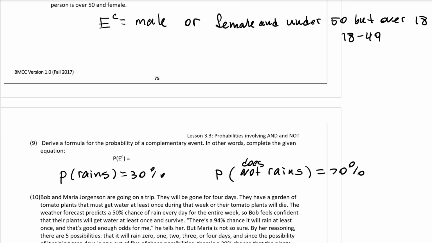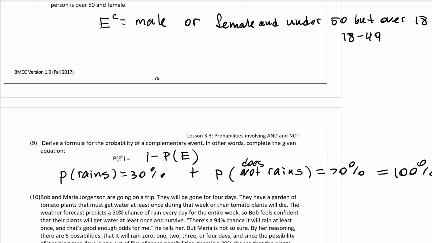So it's 30 versus 70. So probabilities together have to add up to 100%. Do you agree? So if something happens, the probability that it does not happen would be the other percentage. So the probability of the complement is defined as 1 minus the probability of the original event.